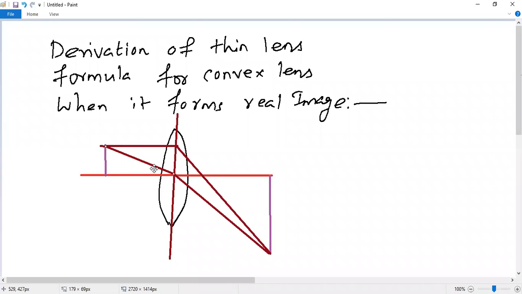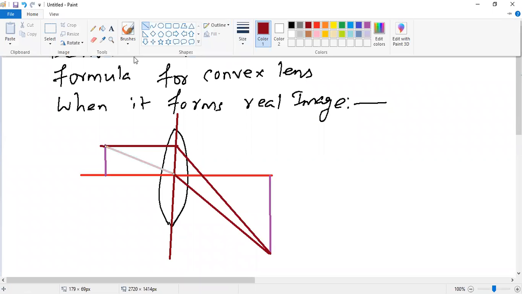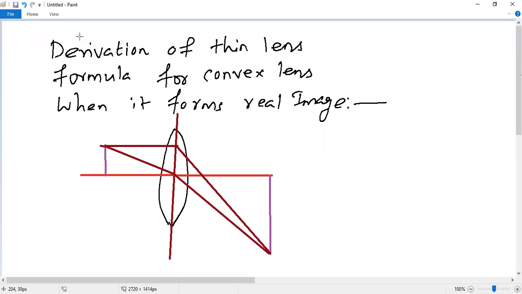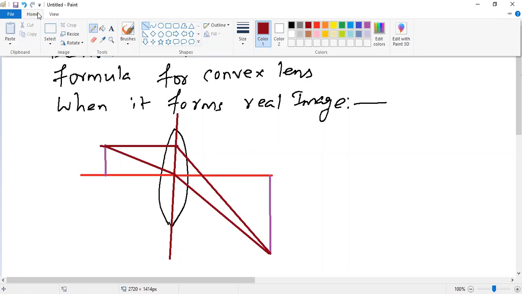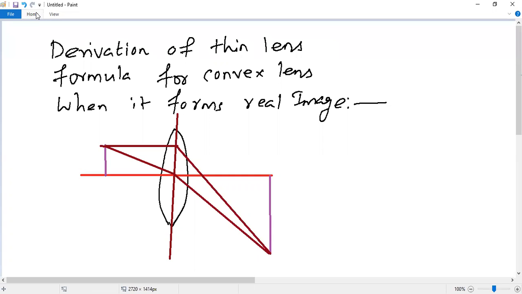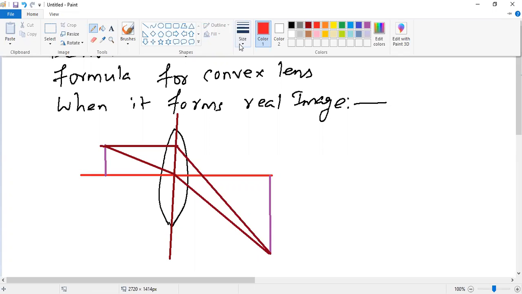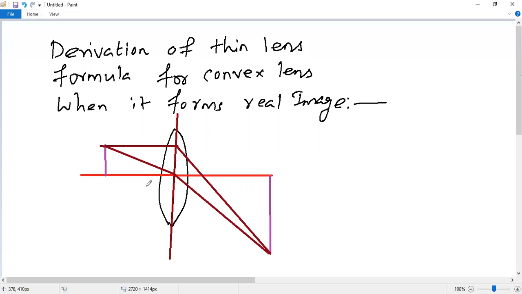Actually, it will come straight, you can draw it straight, okay? Listen.